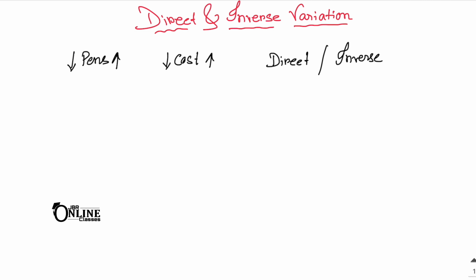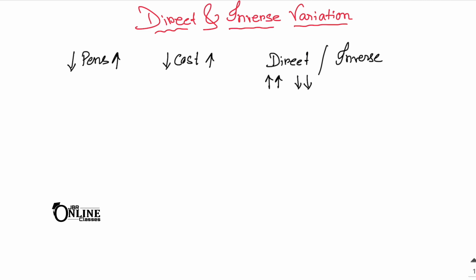That means in direct variation, if the first one increases, then the second one will also increase. Also, if the first one decreases, then the second one will also decrease. That means it will be the same. If the first one increases, the second one will increase. If the second one decreases, then the first one will also decrease.